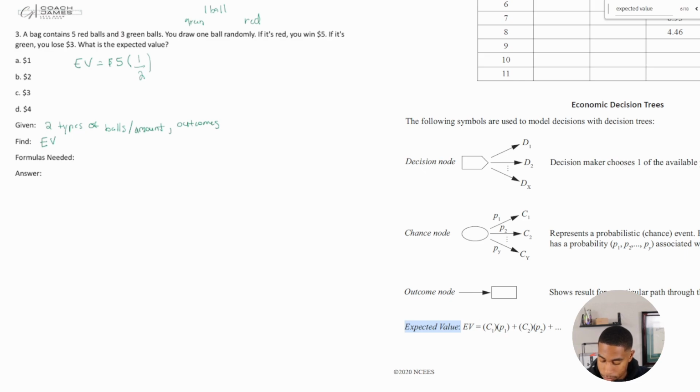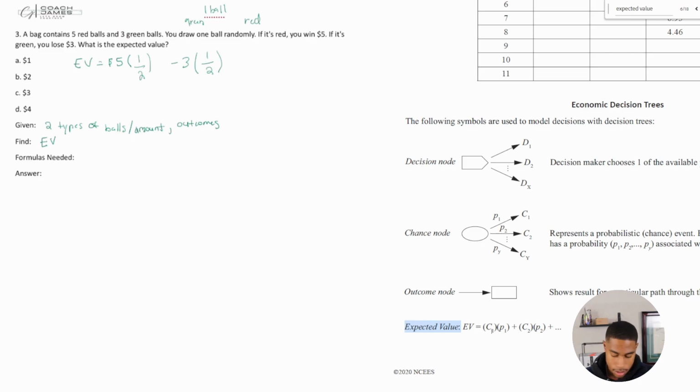All right, so we've done outcome number 1. What is outcome number 2? Well, you could lose $3, if it's green. And it's again a 1 out of 2 chance. All right.